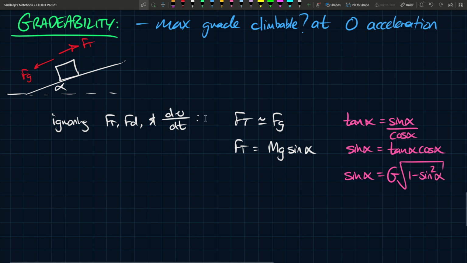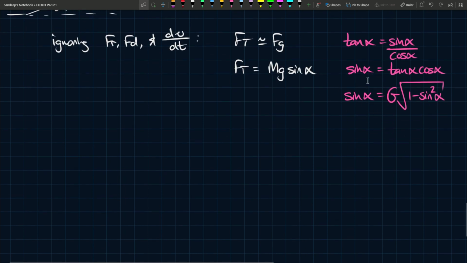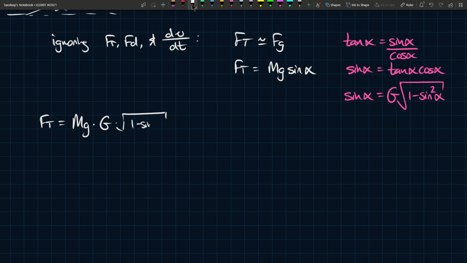So now we can take this sine alpha and plug it into this mg sine alpha. So Ft is equal to mg times g times the square root of 1 minus sine squared alpha.